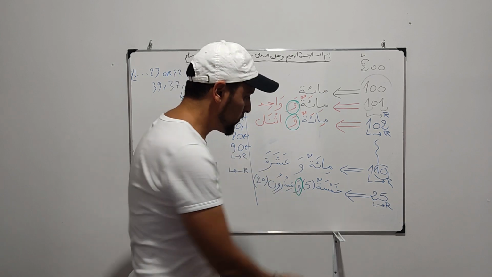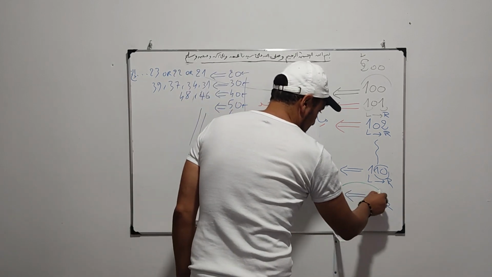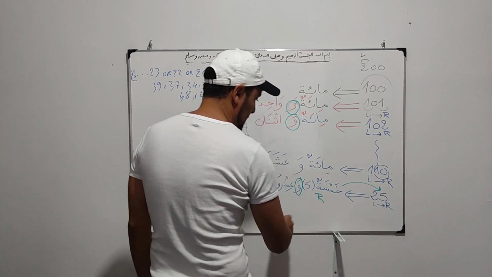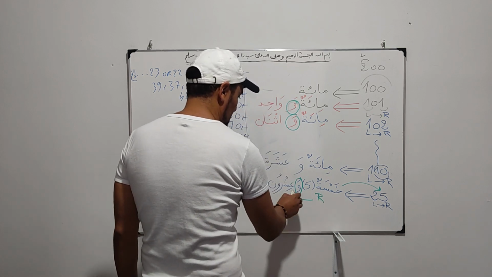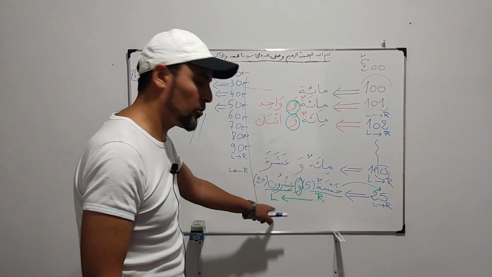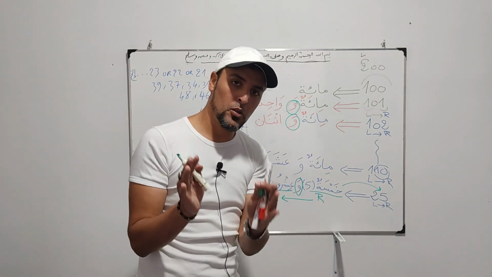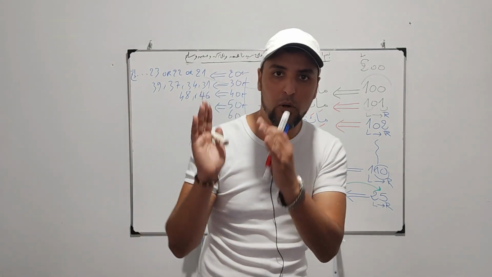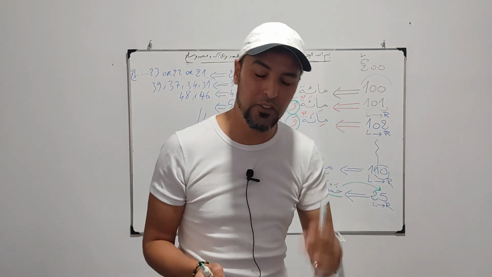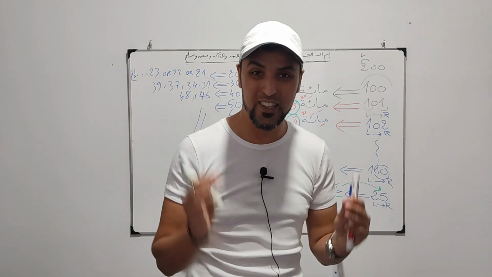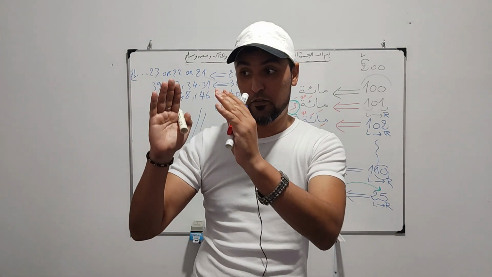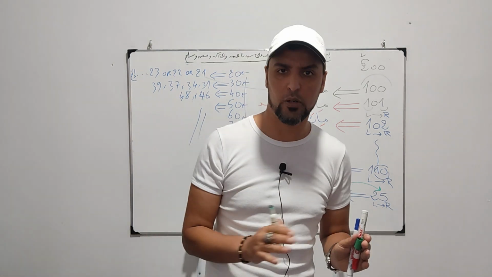Here we start from this one on the right to this one on the left. Like in Arabic, when you write, always from right to left. So when you count from 20 until 90, if you add any number, you have to start from the right to left. Okay? This is it.